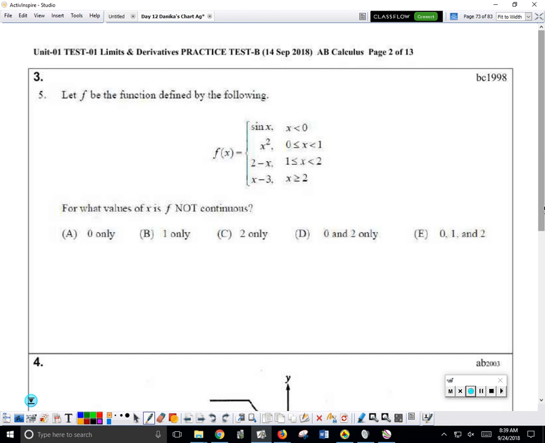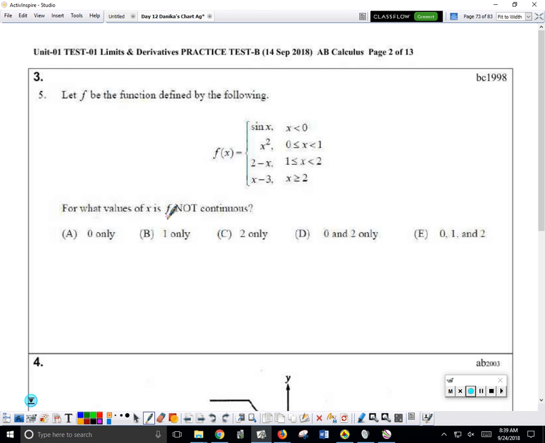What values of x is f not continuous? So I have a flashcard that reminds me. The function is not continuous if it has a vertical asymptote, jump, or removable discontinuity. Vertical asymptotes only occur when the denominator of the function becomes 0 and not the numerator. So I'm not worried about that here. No denominators.